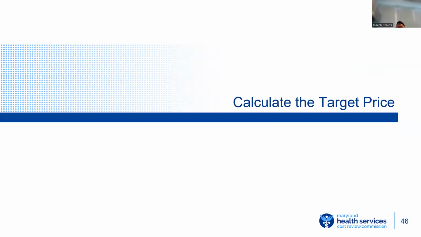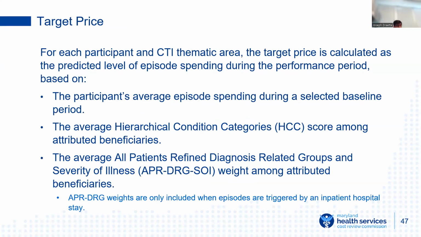Next slide. All right. So we'll jump right into briefly discussing how we calculate the target price. For each participant in a CTI thematic area, the target price is calculated as the predicted level of episode spending during the performance period. That's going to be based on the participant's average episode spending during the selected baseline period, as well as their average HCC score among their attributed beneficiaries.